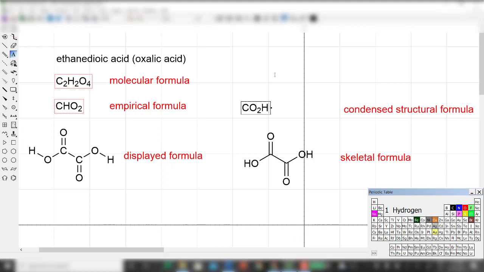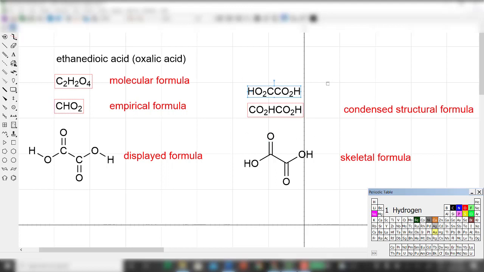So it's CO2H, CO2H. For the case of ethane dioic acid, it can be shown like that, CO2H, CO2H. Or maybe another representation would be HO2C, CO2H. In these two condensed structural formulas, there is no ambiguity.